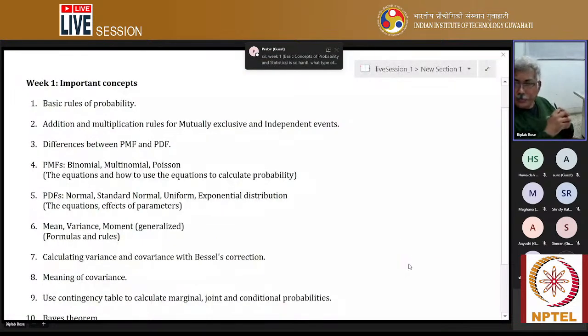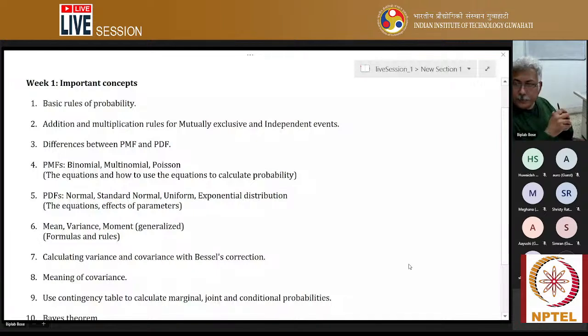So week 1. Week 1, basic concept of probability, testing is so hard. What type of questions will be there in the exam? Now I understand for some people it may be hard, but as I said, we need the basic essential understanding of probability, right?